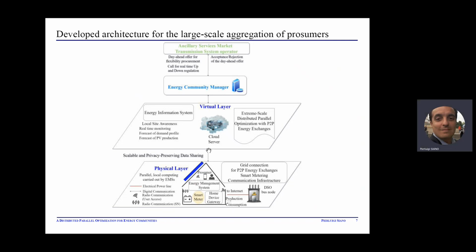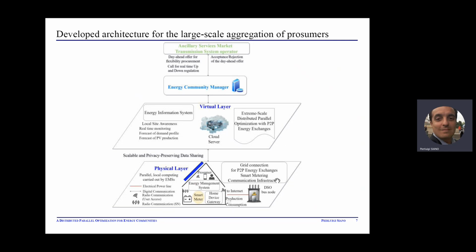By accessing the virtual layer, prosumers can exchange only some privacy-preserving information related to their local optimal solutions and their power flexibility contributions to fulfill the global constraints of the global optimization problem I mentioned before, that in Italy is 1 megawatt.